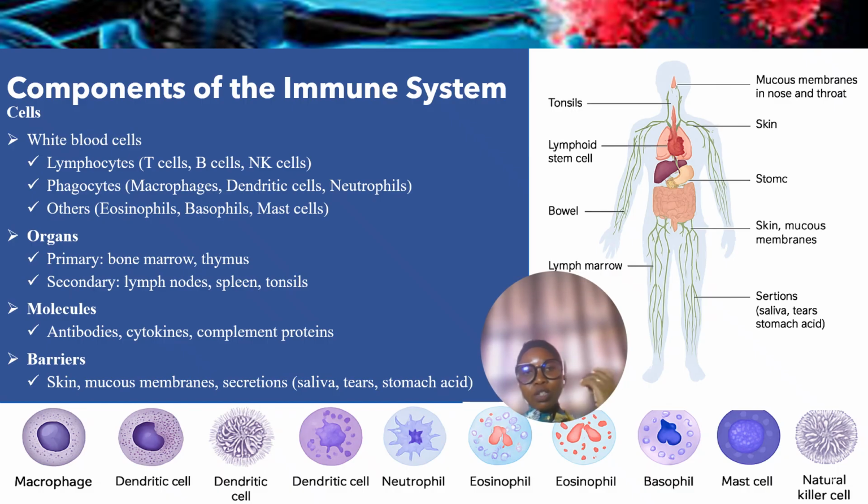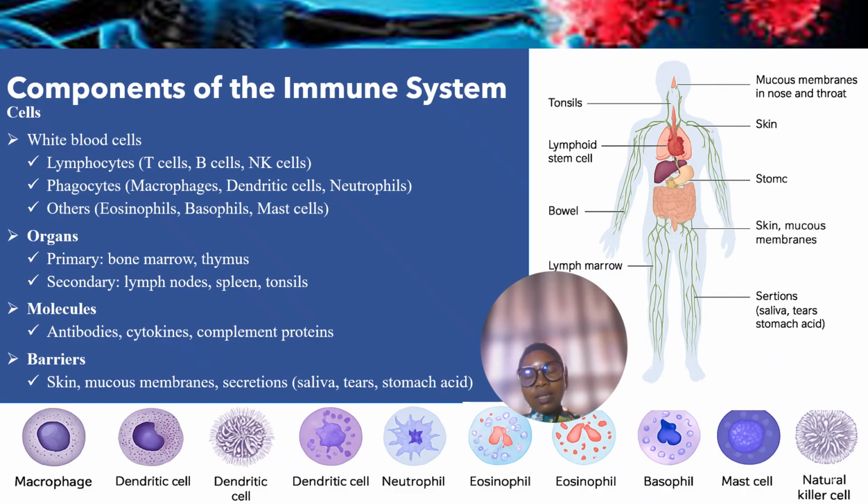So we have the skin as a first line of defense, which provides a physical shield, while the mucous membrane traps microbes. Then we have secretions such as saliva, tears, and stomach acid that contain chemicals that kill or weaken pathogens before they can cause harm.